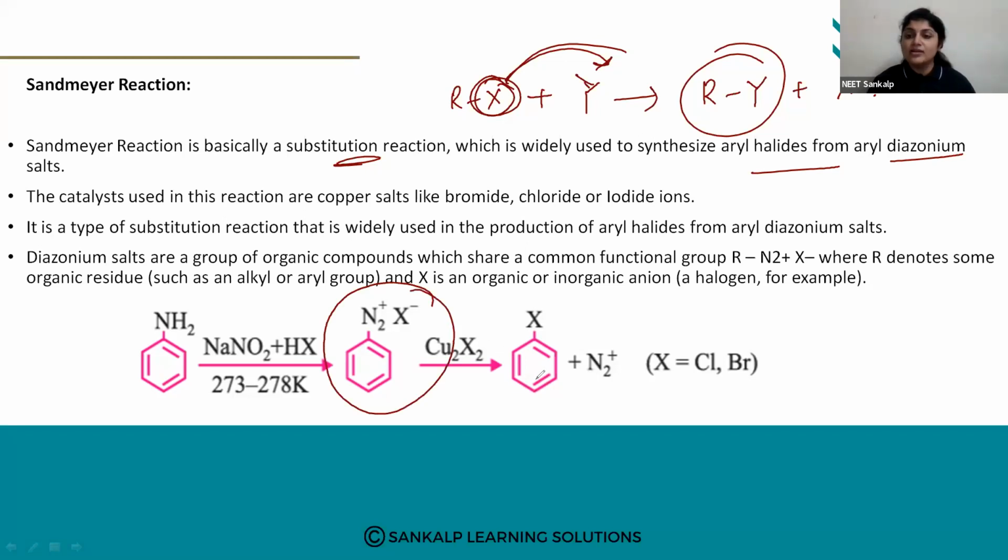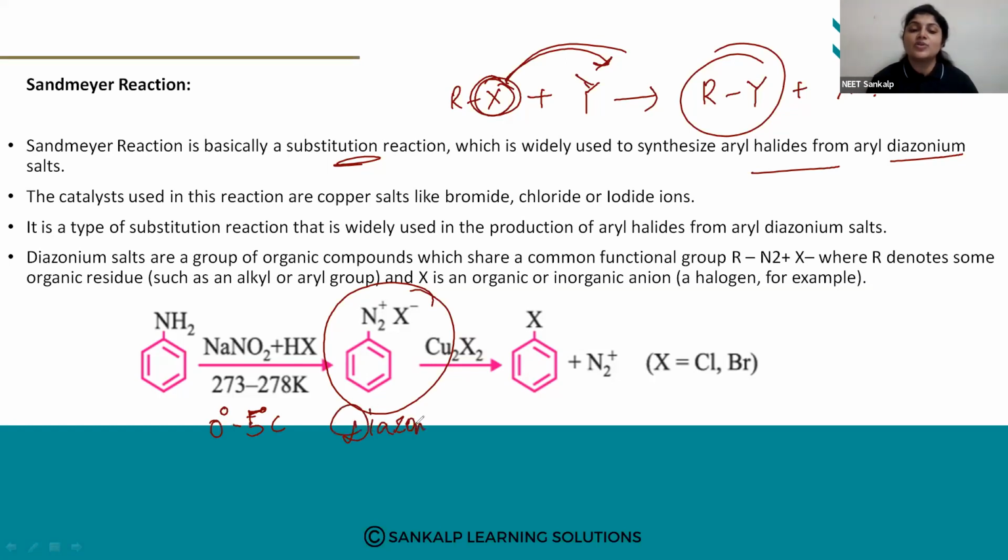How do you prepare aryl diazonium salt? You have to take aniline and treat it with sodium nitrite plus a halogen acid, and the temperature should be maintained properly at 0 to 5 degrees.